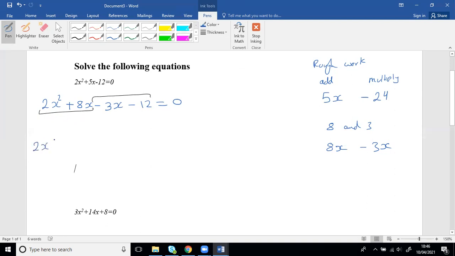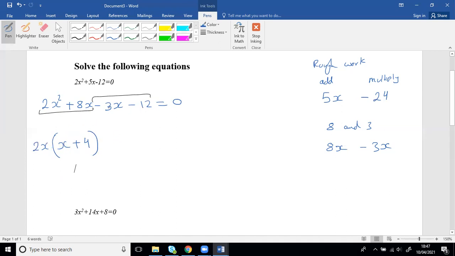So I'm going to write 2x out, and then open up a bracket. I'm going to say to myself, what shall I multiply 2x by so I can get 2x squared? That would be just x. What shall I multiply 2x by so I can get 8x? That will be positive 4. I'll close the bracket. I can check my answer. So 2x times by x, that'll give me 2x squared. 2x multiplied by 4, that would give me 8x.